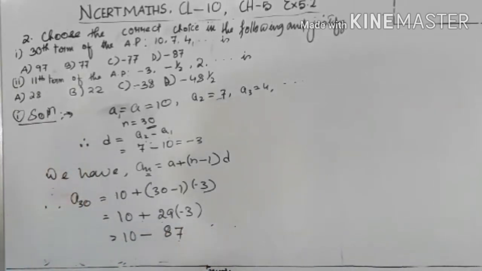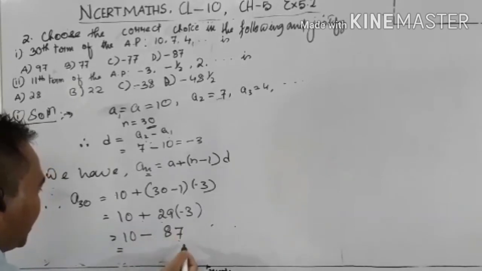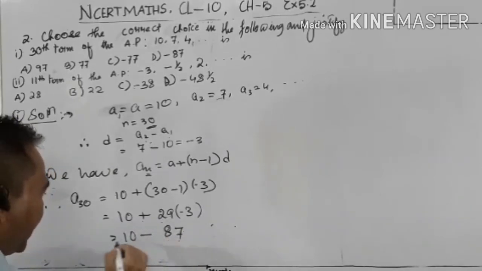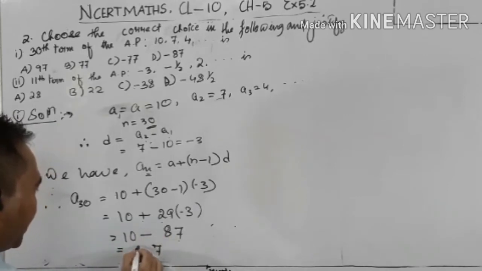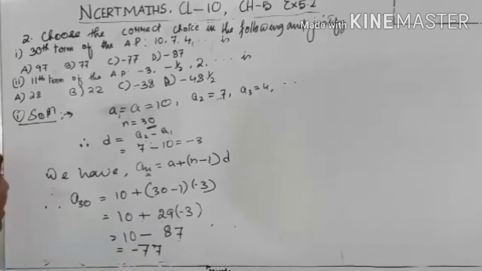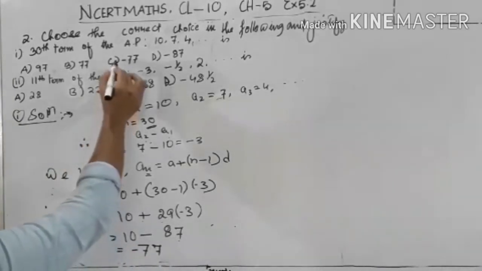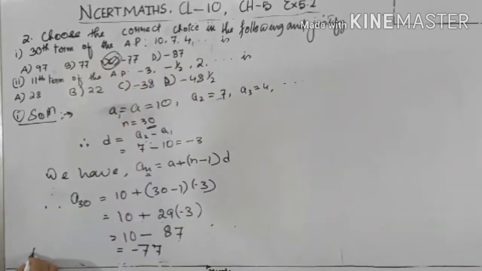Then 87, first you subtract reversely, okay? 87 minus 10, that is 7, and 8 minus 1, that is 7. So before the bigger number there is a minus. So our correct answer, beautiful answer, is this one. The answer is C.